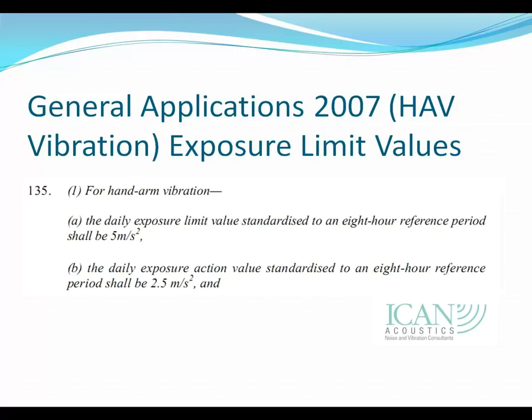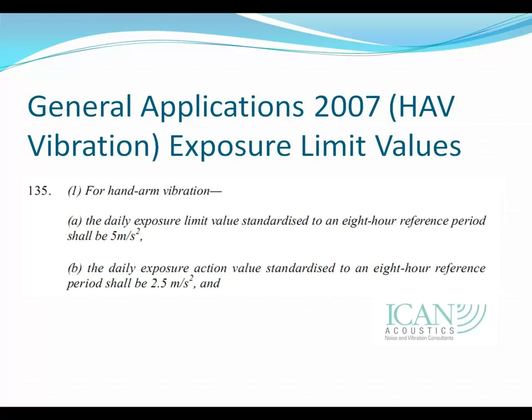So sometimes for pneumatic tools, we use a trigger on time measurement device. So whenever the pneumatic tool is used, it commences the clock, if you like. So you can work out exactly what the on time for that machine was for a given operator over an 8-hour reference period.